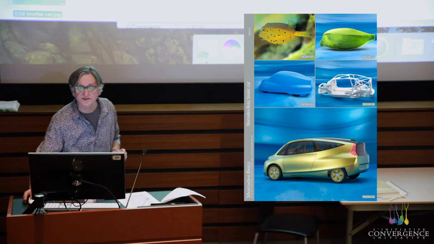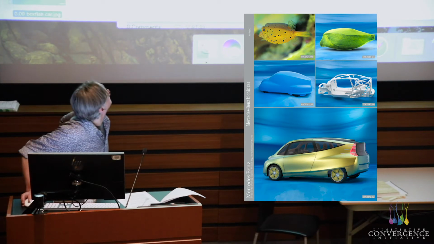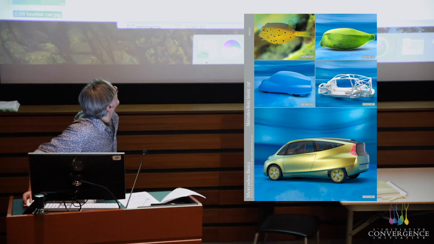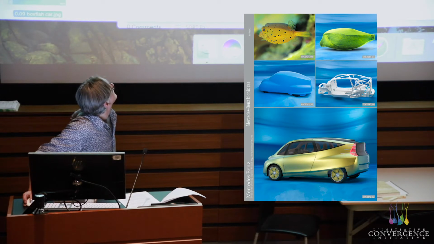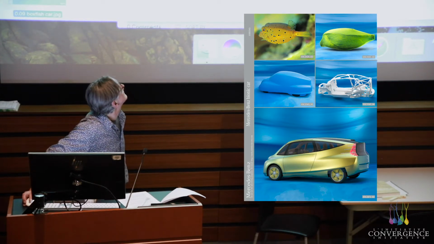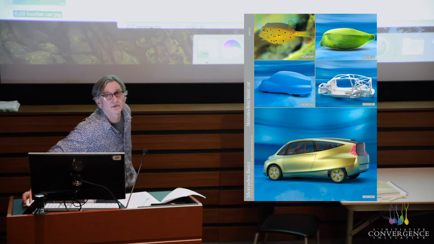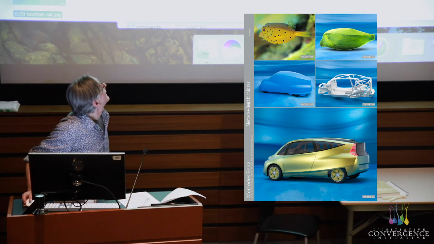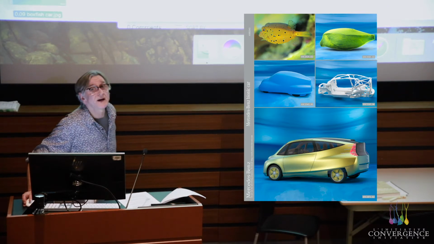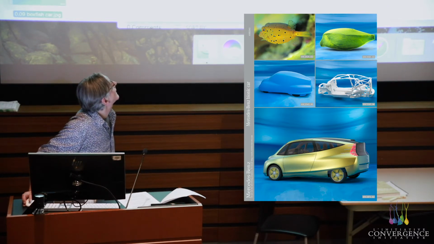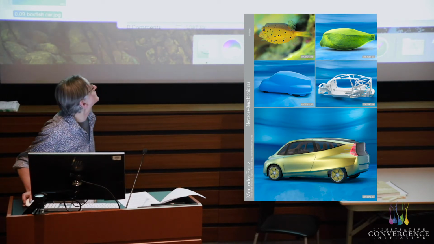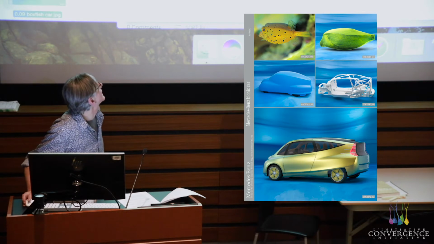So they studied this particular fish, the boxfish, which lives in the Caribbean Ocean and has a boxy shape, and despite its awkward shape, the fish is remarkably hydrodynamic and very lightweight and very robust to shock, and can maneuver in confined spaces better than other fish that look more fish-like.